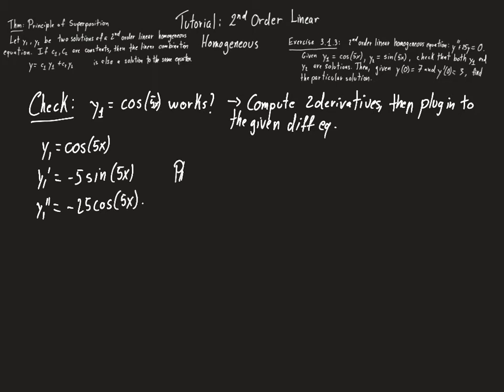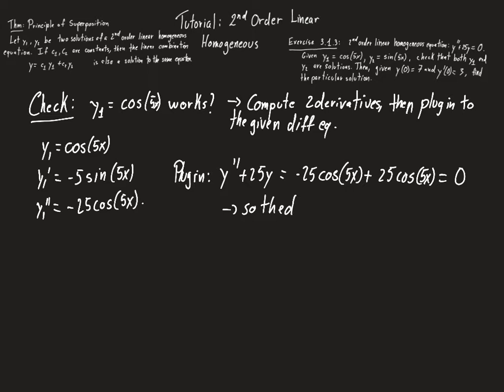Now if we plug in, we see that y double prime plus 25y is equal to negative 25 cosine of 5x plus 25 cosine of 5x, and this is indeed equal to 0.